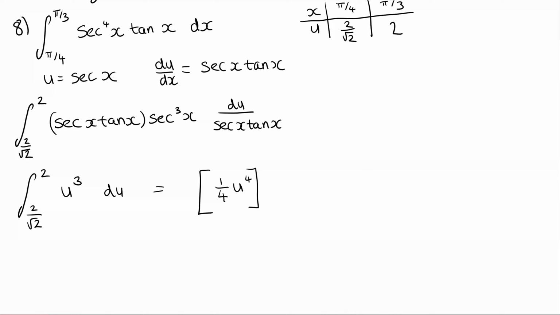Integrate u cubed, which should be nice and simple. Add 1 to the power, divide by the new power. And then just plug in your limits of 2 and 2 over root 2. And we should find that we just get 3.